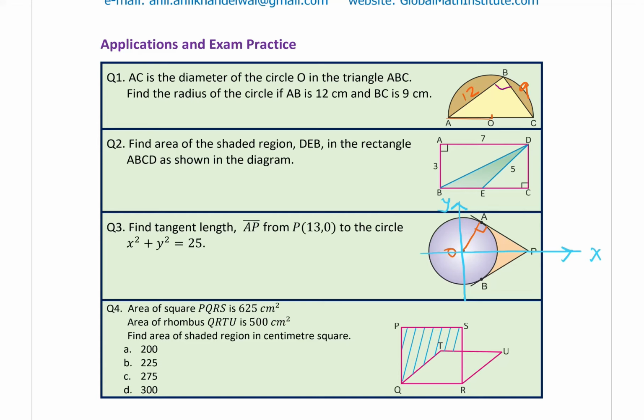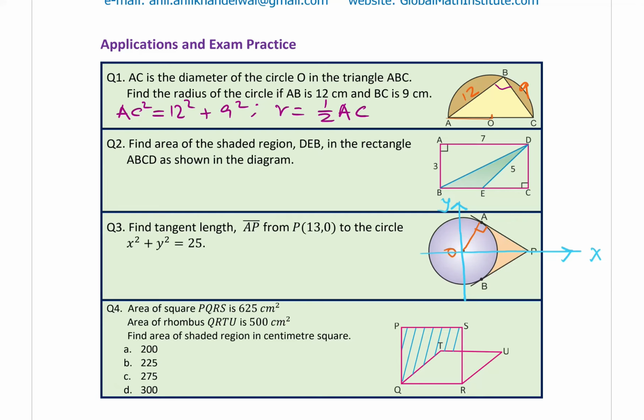So at B we have a right angle, correct? And therefore we can find AC. So we know that AC squared is equal to 12 squared plus 9 squared, correct? So we get AC from here, right? And then the radius is equal to half of AC. So half the diameter is the radius. That should give you the answer to this particular question, correct?